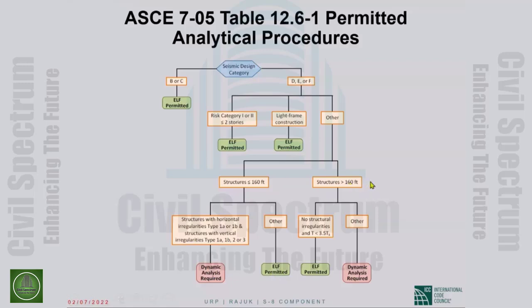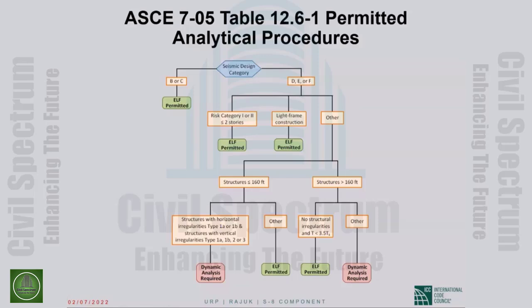If it is a structure taller than 160 feet, now you can do equivalent lateral force procedure only if there are no structural irregularities, good or bad, no irregularities, and also the period of the structure is less than 3.5 times the transition period that we have been talking about, S sub D1 over S sub DS.